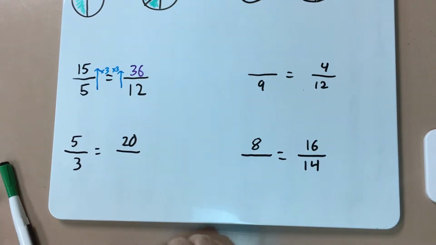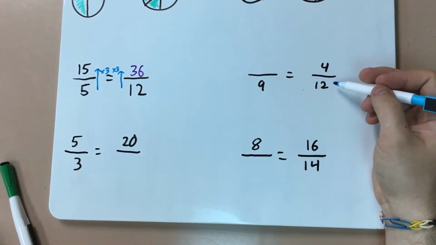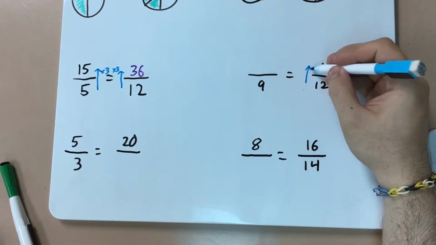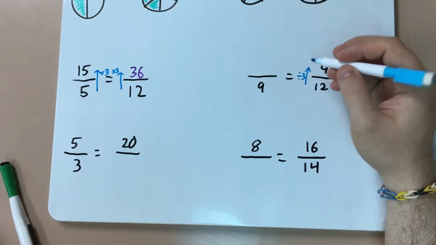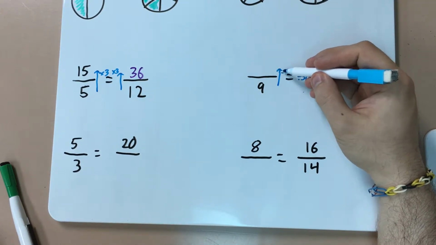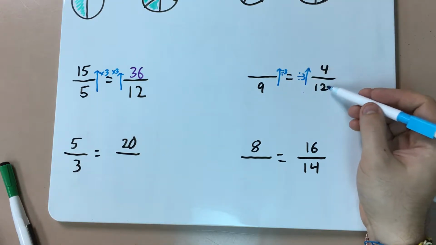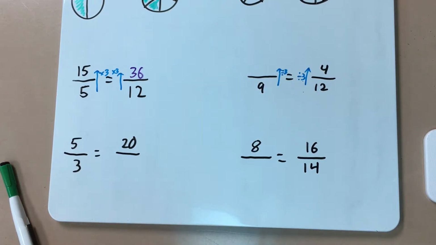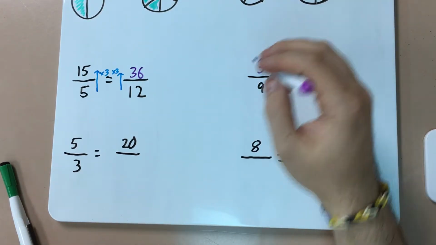For this example, it's going to be the same idea, except it's going to be a little different, because now I'm going to have to divide. I can see that to get from my denominators to my numerators this time, I'm dividing by 3 instead of multiplying. So if 12 divided by 3 equals 4, what would 9 divided by 3 get me? 9 divided by 3 would just get me 3.